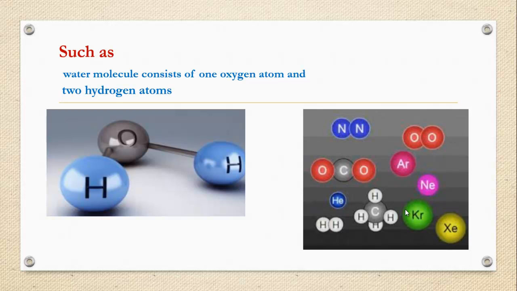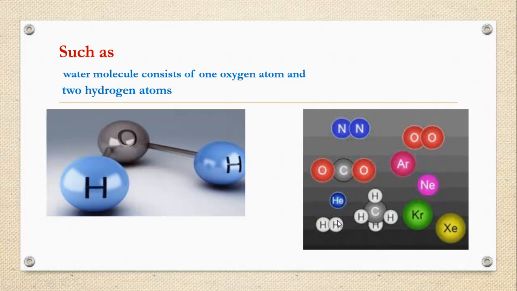Okay? If the molecule consists of one atom or two similar atoms, like nitrogen, as you see, nitrogen consists of two similar atoms. So nitrogen is called an element. Oxygen consists of two similar oxygen atoms, so this is a molecule of an element.